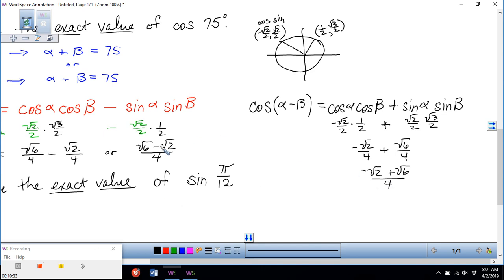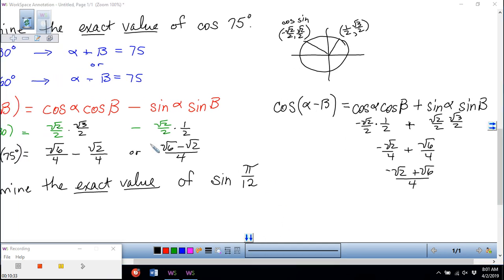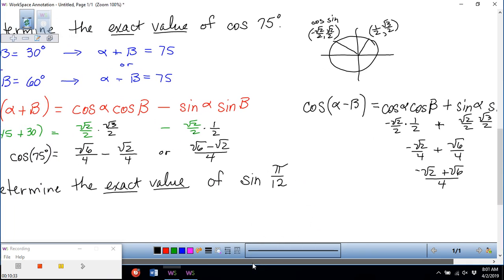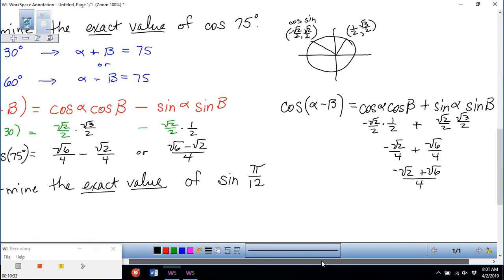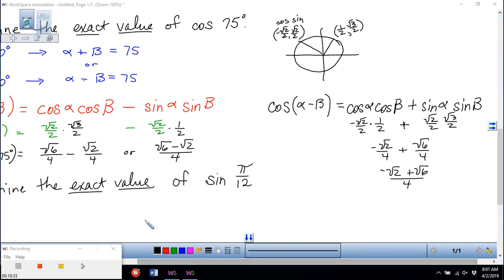So this is the same answer, it's just rearranged. So notice we get the same answer whether we use the sum formula, which is the alpha plus beta, or we use the difference formula, which was the alpha minus beta. So go ahead and finish copying this example, and I will pause and we'll move on to example 2.